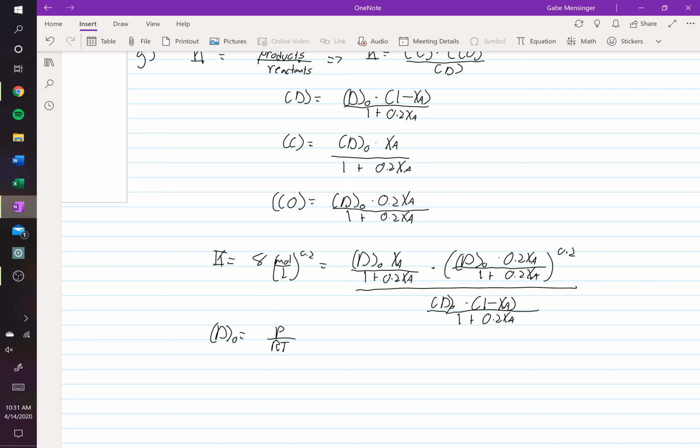And I'll probably just leave it there. You guys can do that math. That's not terrible. So you can calculate D naught using the ideal gas law, and from there, now you only have one unknown, just XA. Solve for XA. And that will give you your equilibrium conversion. I recommend using maybe Excel or Python for that. A little hard to do by hand.